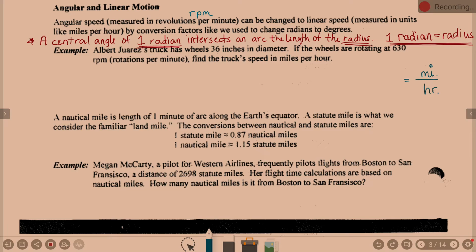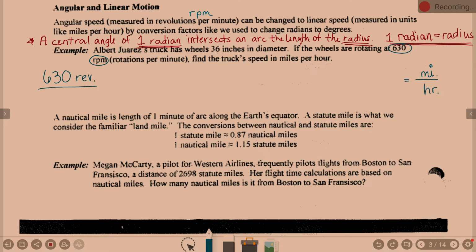What do we know? What are we trying to convert? My wheels are rotating 630 rotations per minute, or revolutions per minute. So I'm going to start over here and use most of this space across the way.